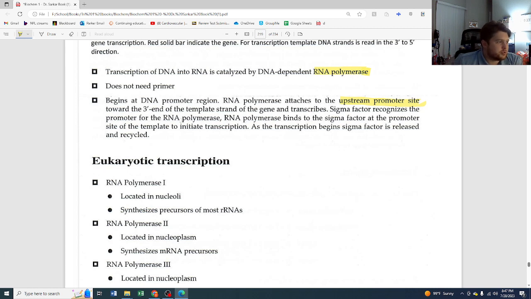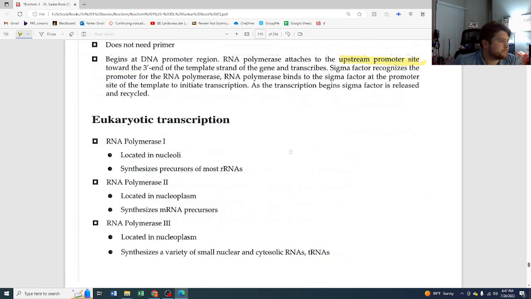Sigma factor recognizes the promoter for the RNA polymerase. RNA polymerase binds to the sigma factor at the promoter site of the template to initiate transcription. As the transcription begins, sigma factor is released and recycled.